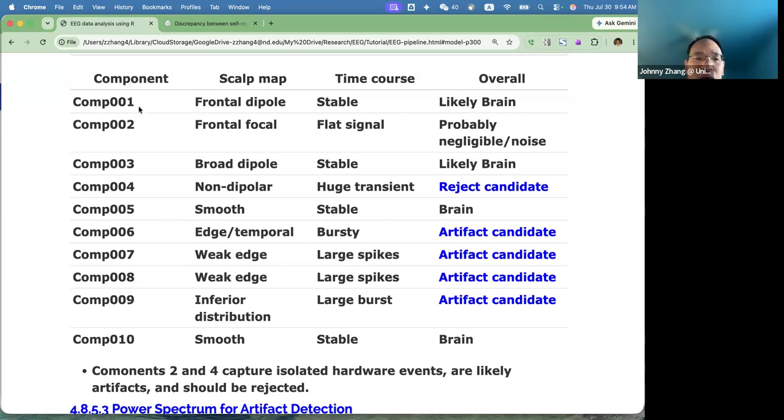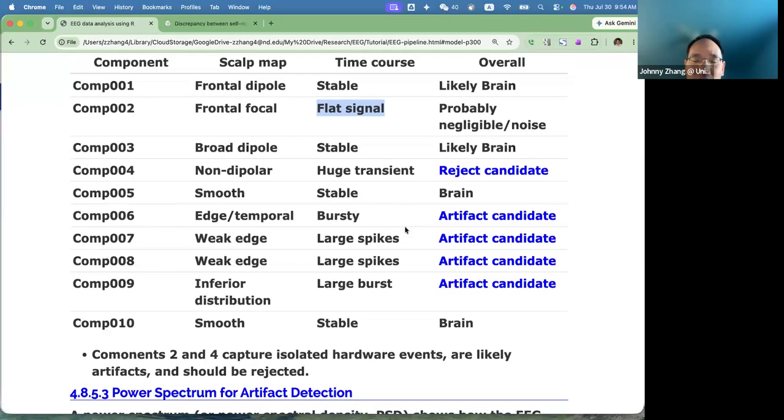For example, for the first component, if you look at both the scalp map and the time course, it has a stable time course and a frontal dipole-like pattern, so it's probably a valid brain signal. For component two, the signal is mainly in the front, and there are also flat signals, so this may mean noise or something else, like an eye blink.